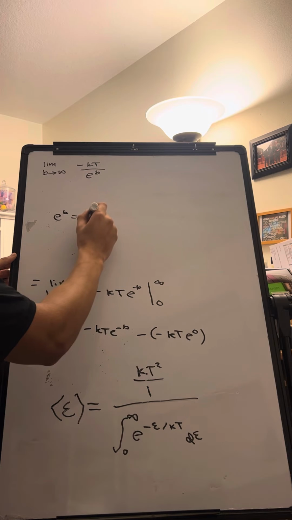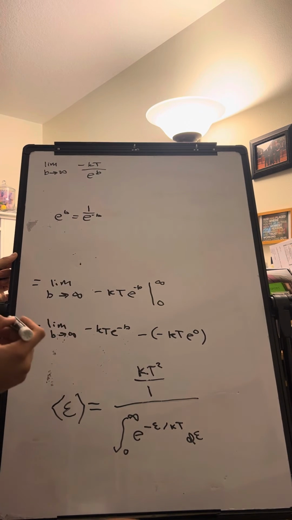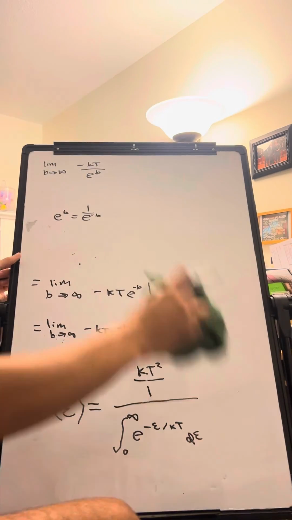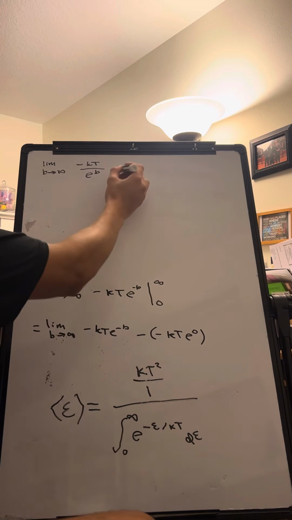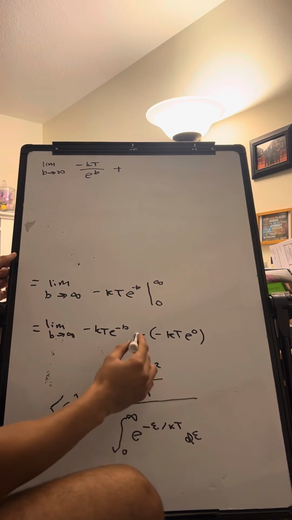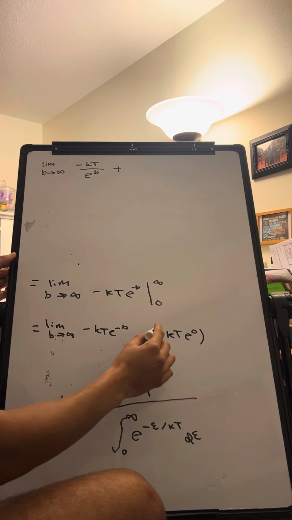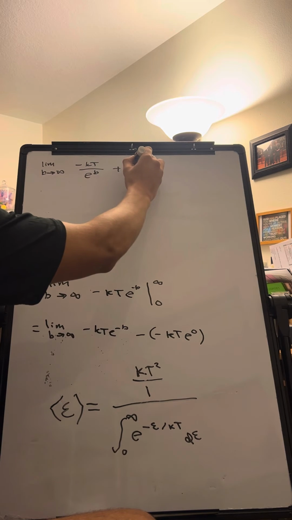That's the rule we're using. And then plus e to the 0 is 1, so minus a negative is a positive, so we just have kT.